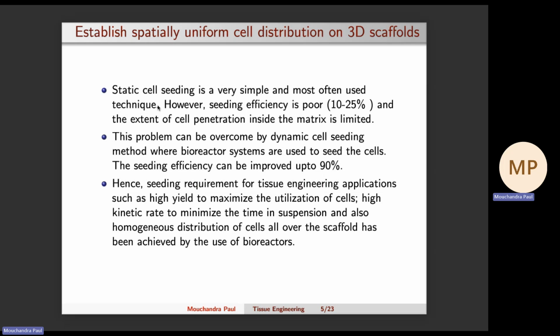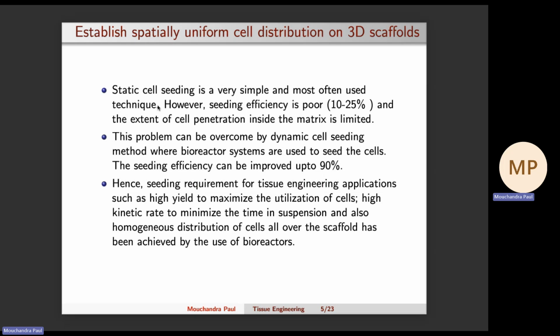Here, what we do is prepare a 3D scaffold through any of the fabrication techniques we already know. And on top of it, using our pipette, we add the cell suspension dropwise and create a very thin film of cells and media on top of it.